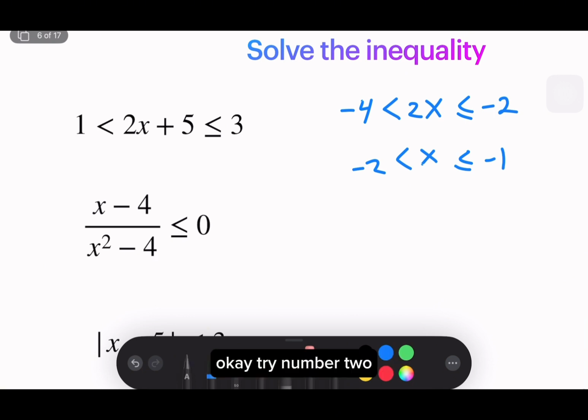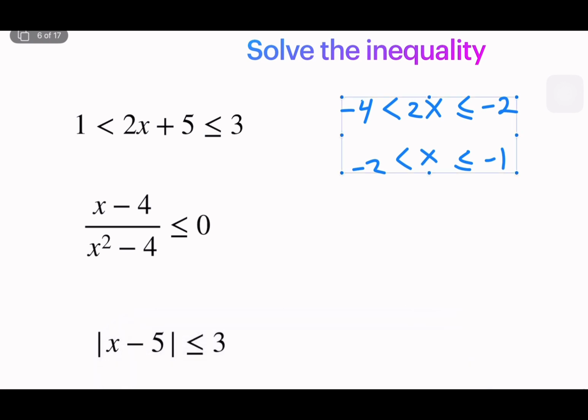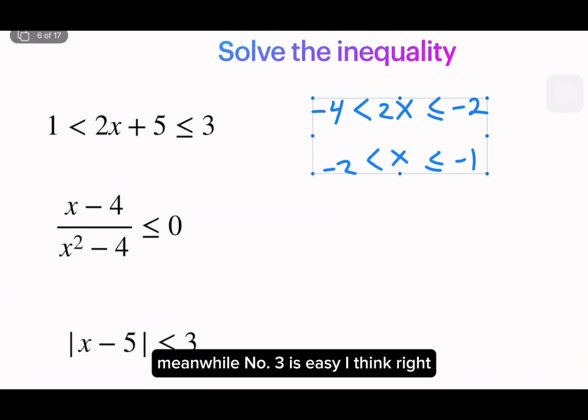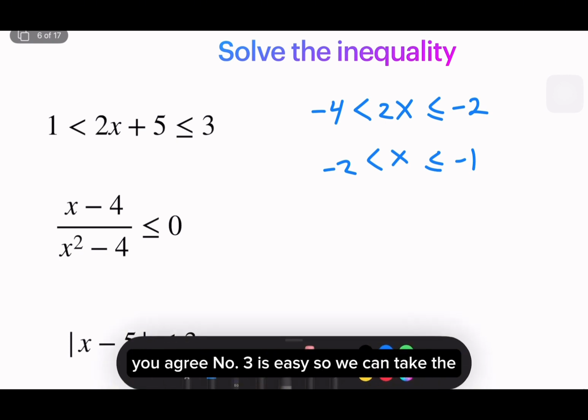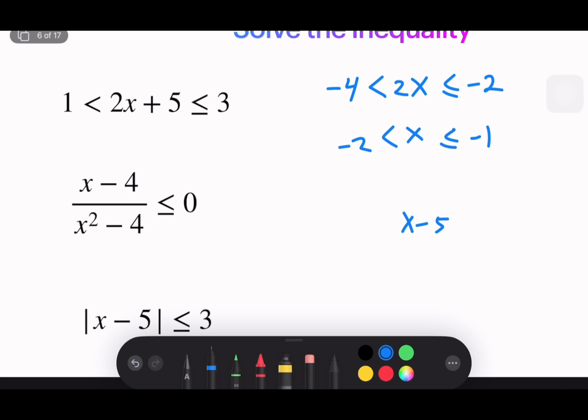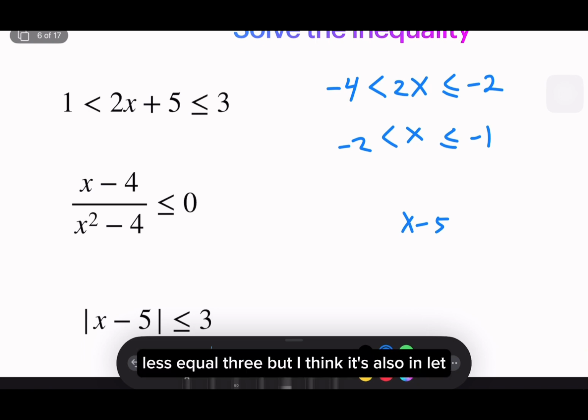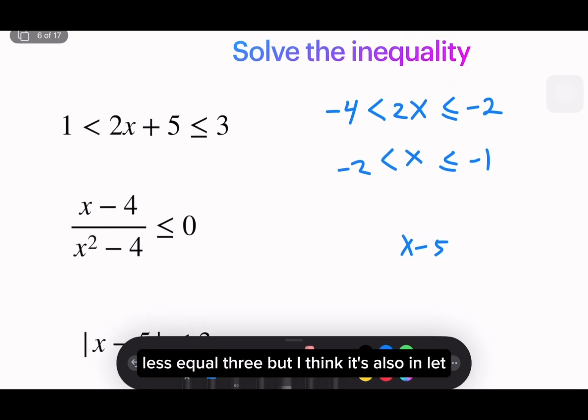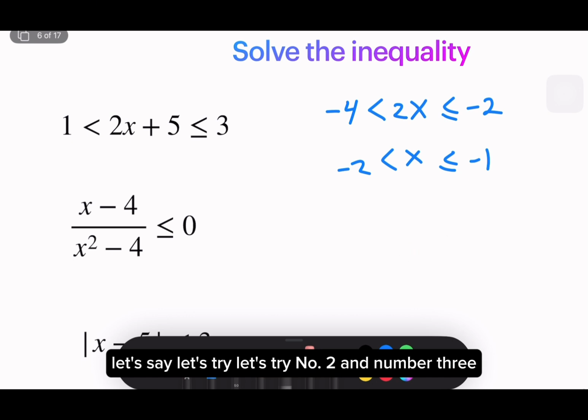Okay, try number 2. Meanwhile, number 3 is easy, I think, right? Do you agree? Number 3 is easy. So we can take the x minus 5 less than or equal to 3. But I think, let's say you try number 2 and number 3.